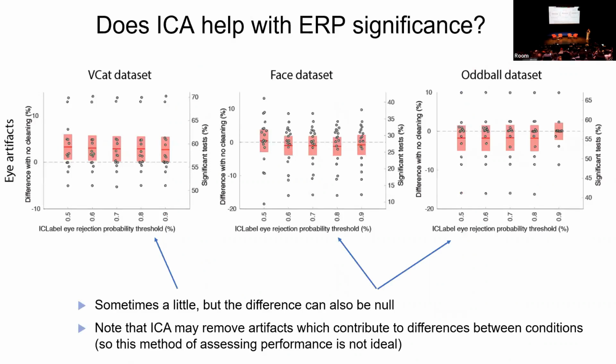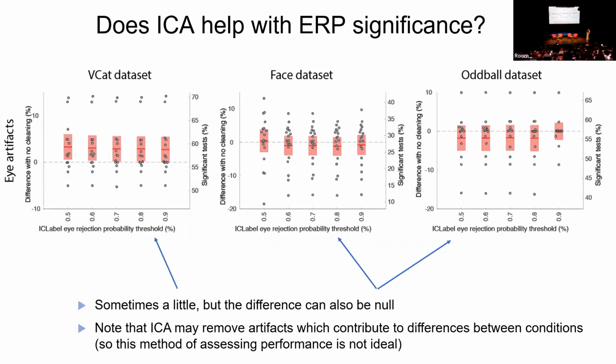Arno also tested this, so he looked at the significance of the channels again, and he found that for two of the data sets it doesn't change anything, so it's not really helping you to get more significant channels, except for this data set where they were looking at the animal images.